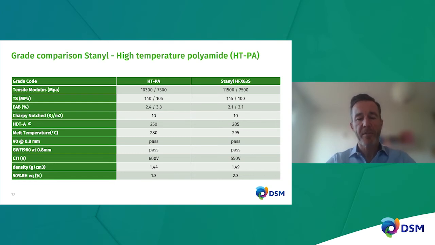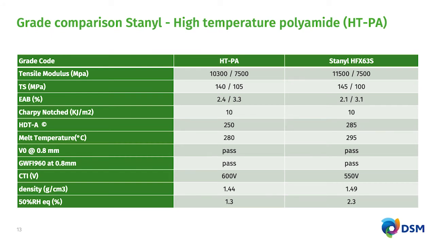Now, if you look at the property profile of this material, which has been approved in various applications, one sees the typical mechanical profile with an HDT A of 250 and a melting temperature of 280. So pretty good thermomechanics. Now, this material functions well in the gap between polyamide 6,6 and PPAs.